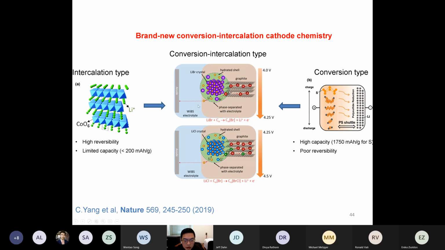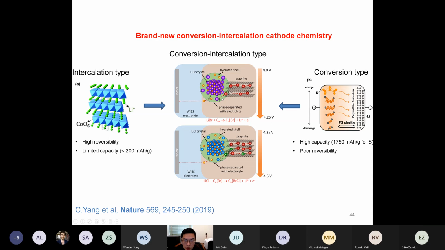When it contacts the water-in-salt electrolyte, the lithium bromide and lithium chloride salt absorb a little bit of water, a trace of water, from the electrolyte, forming a small hydrate shell to elevate the whole reaction.